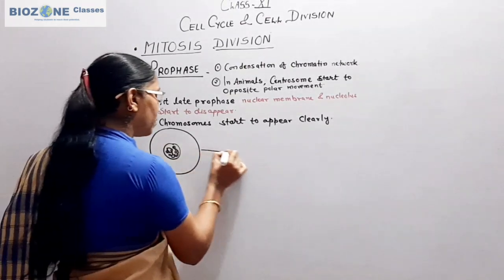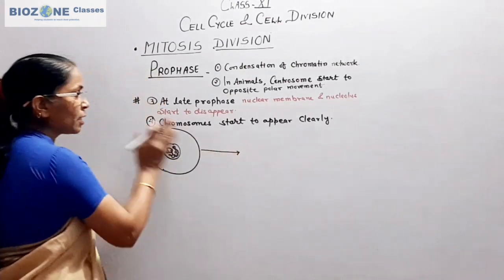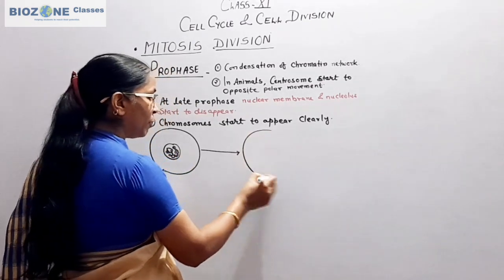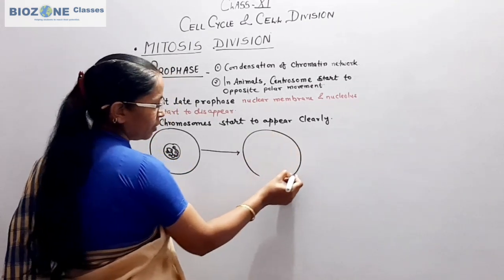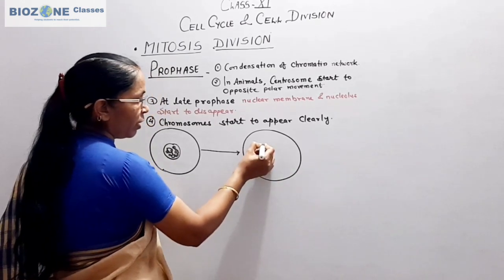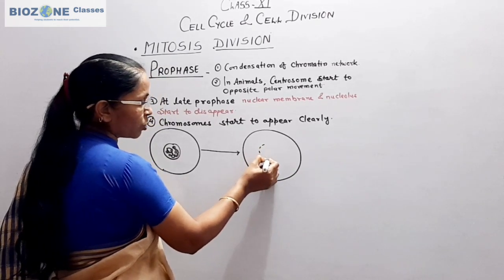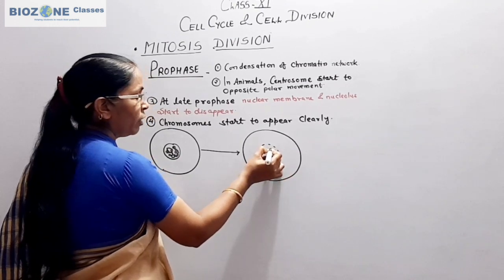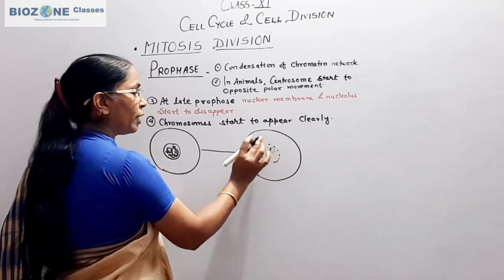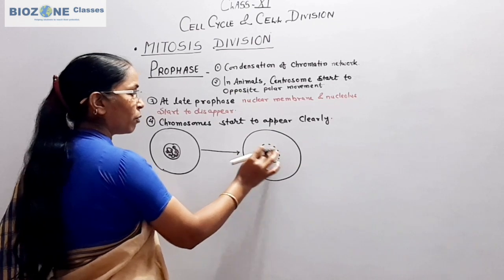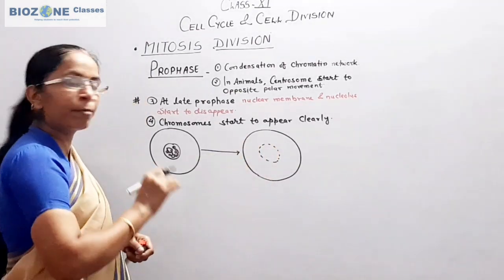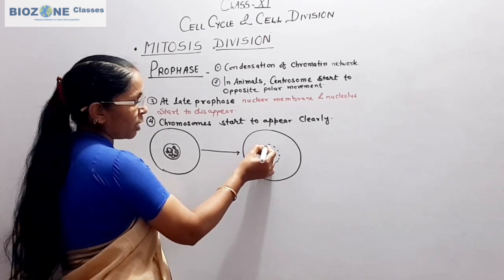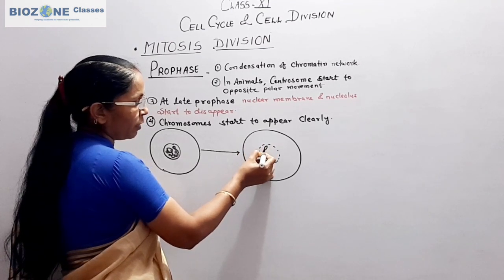But once the cell enters prophase and it is nearly complete, the nuclear membrane starts to disappear, so we only see a dotted appearance of the nuclear membrane. The nucleolus also nearly disappears, so you forget about the nucleolus in late prophase. And the chromosomes start to appear clearly.